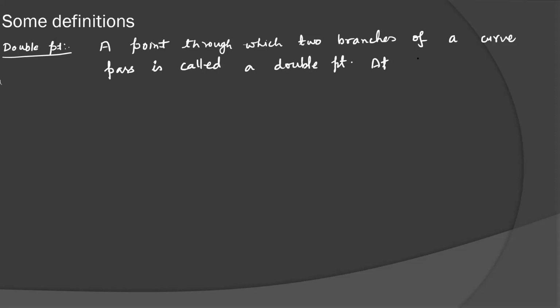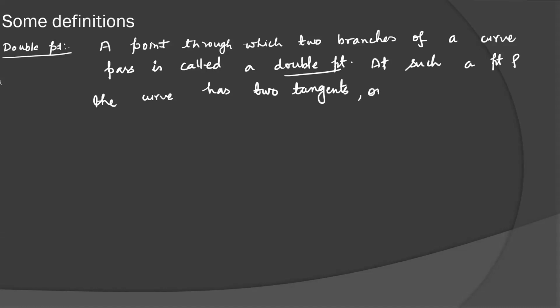At such a point, call it P, the curve has two tangents, one for each branch.